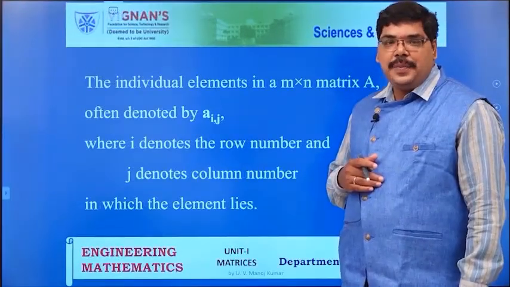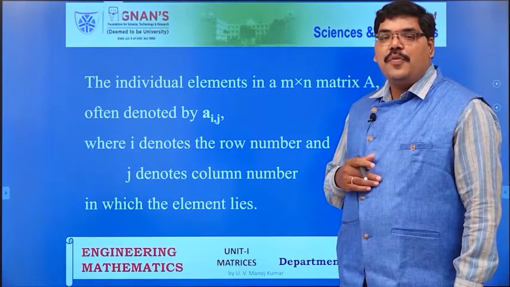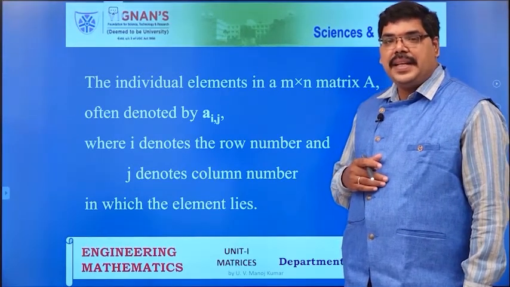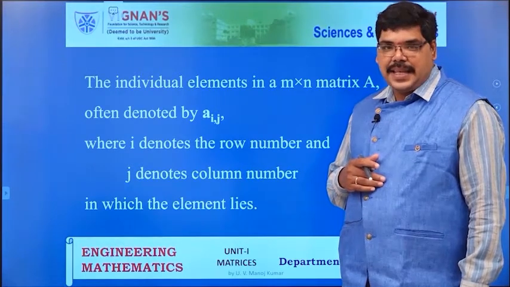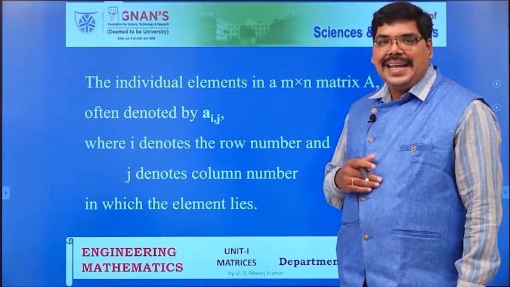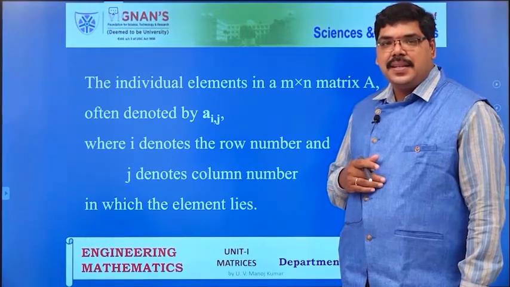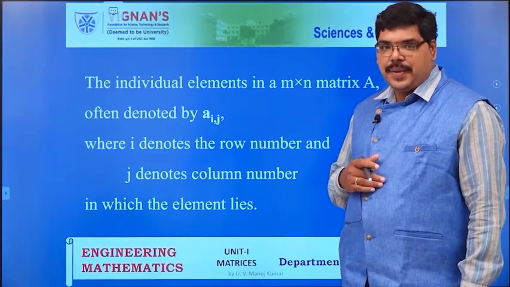The individual elements of an m by n matrix capital A are denoted by A i j, where i and j represent row number and column number.